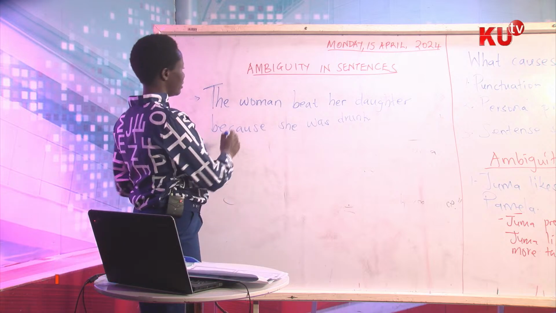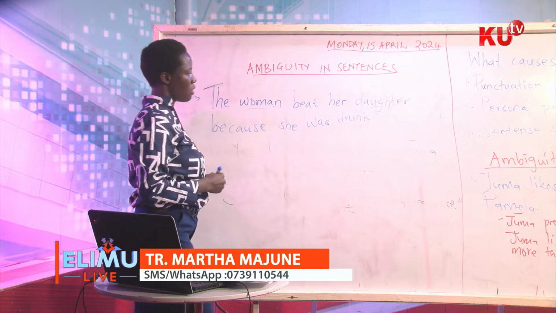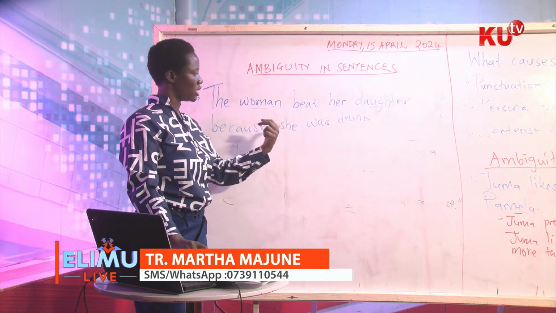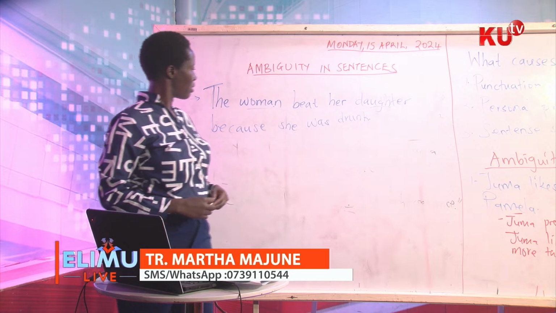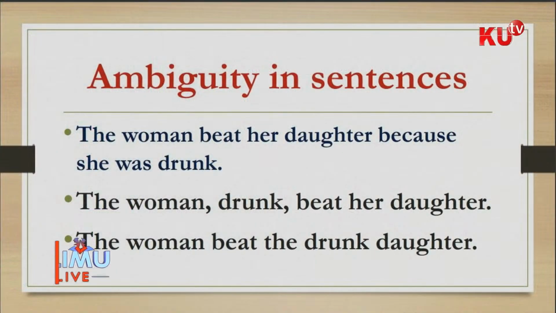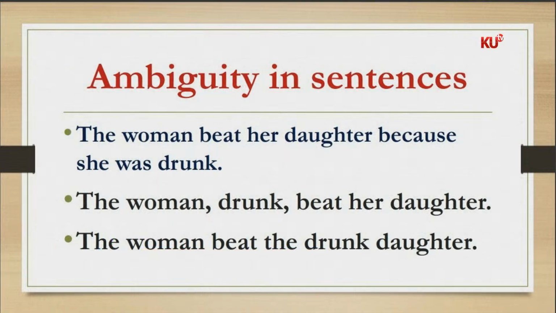So we have a woman here, and then we have the daughter of this woman. The personal pronoun she is the one that brings the confusion, or rather makes the sentence ambiguous.